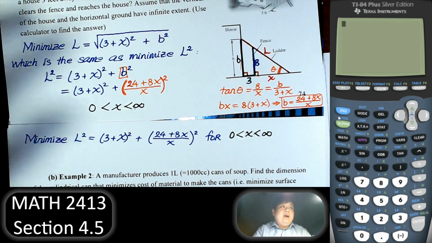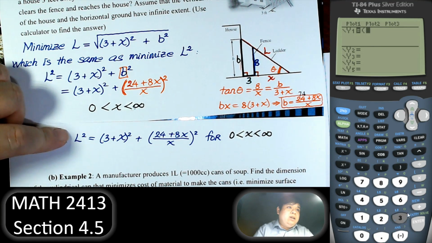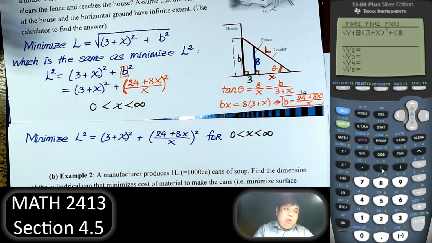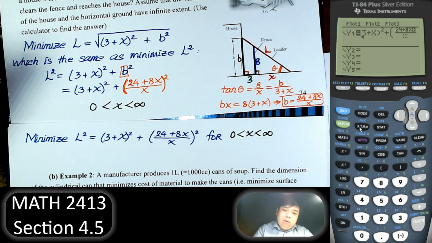Right, so first I'll enter the function 3 plus x squared plus, now in here we have a fraction. The top is 24 plus ax. The bottom is x.